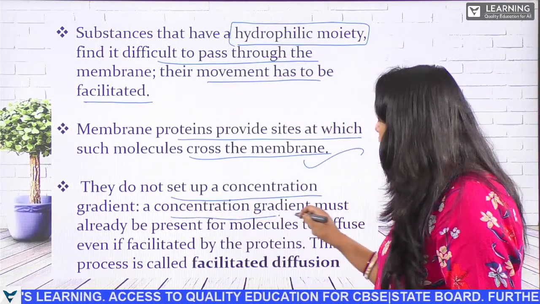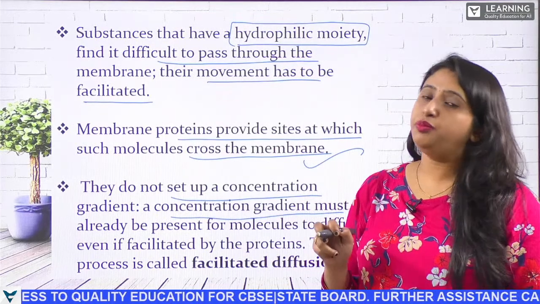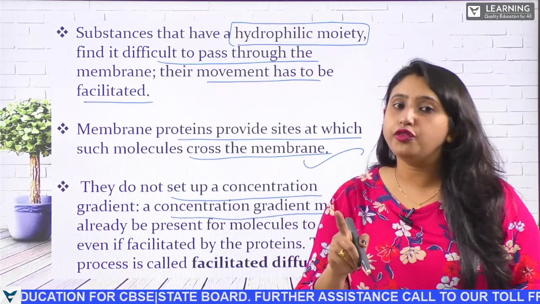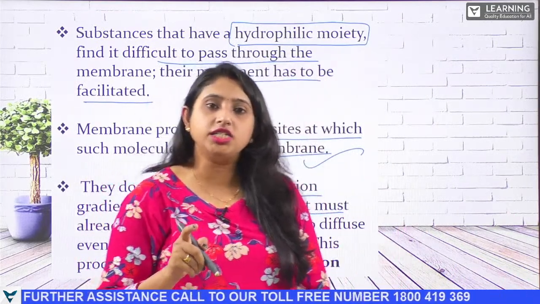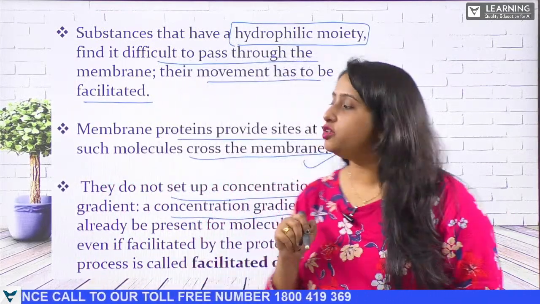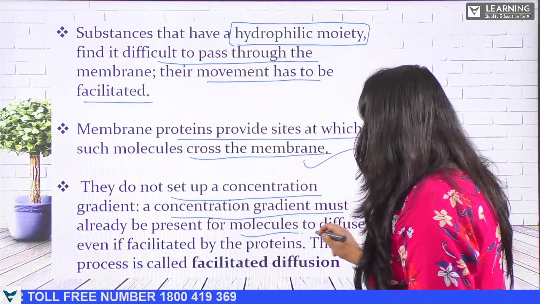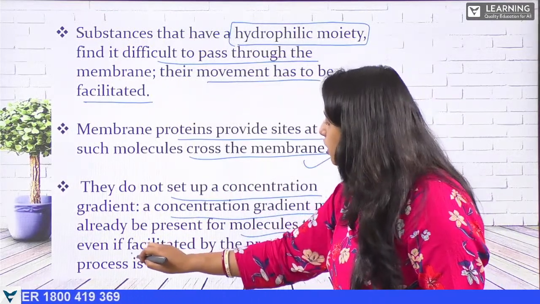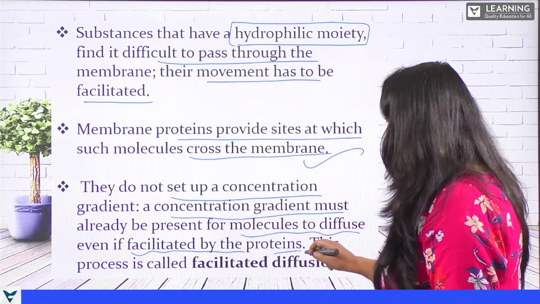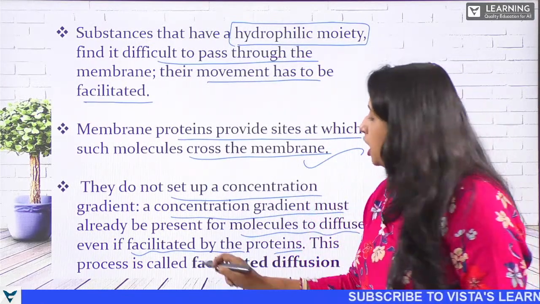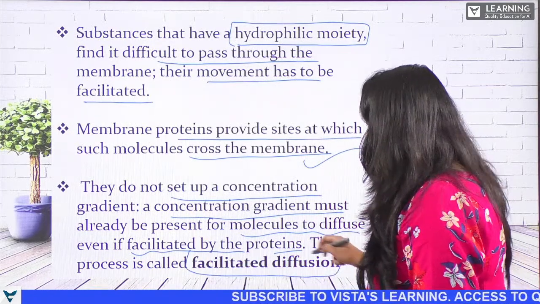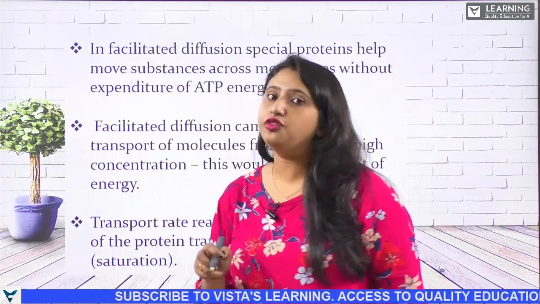They do not set up a concentration gradient. A concentration gradient must already be present. So in the case of facilitated diffusion, there must be a concentration gradient for molecules to diffuse, even if facilitated by the proteins. This process is called facilitated diffusion. What should you remember in facilitated diffusion?